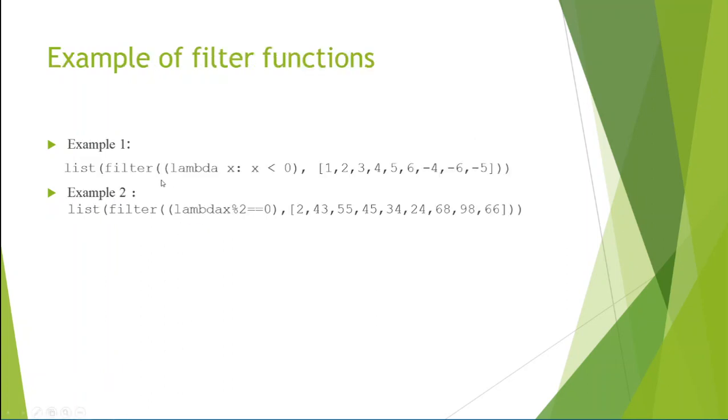If you see in the first example, we are applying a lambda function which chooses the negative numbers, or you can say the numbers which are less than 0.